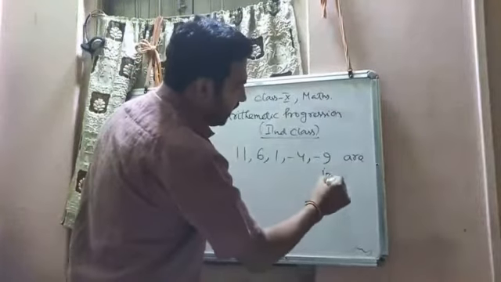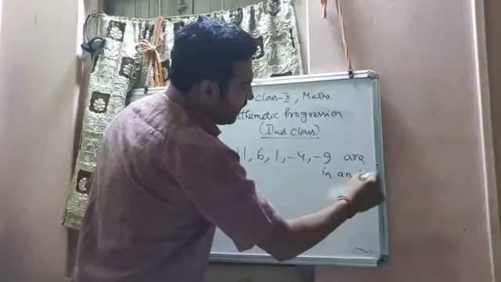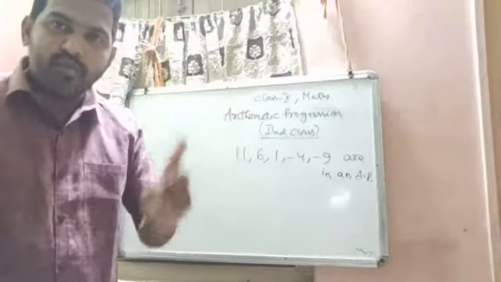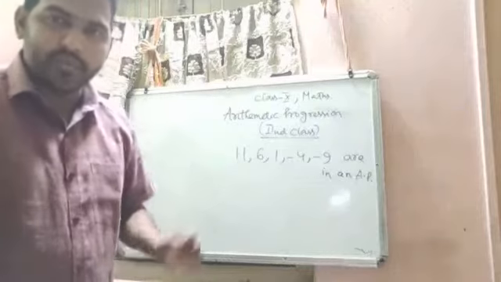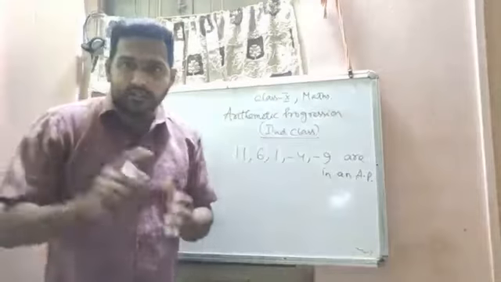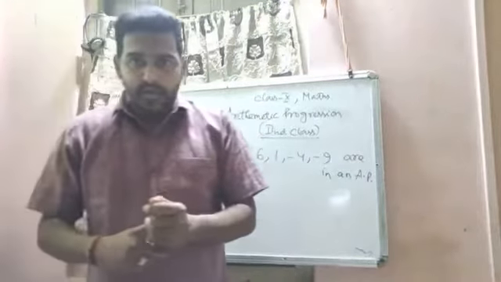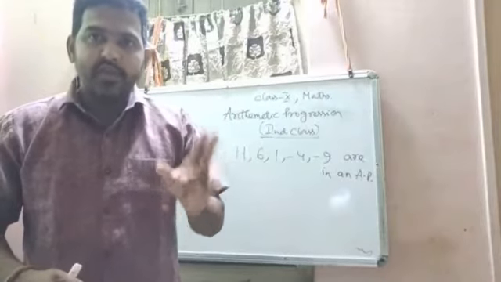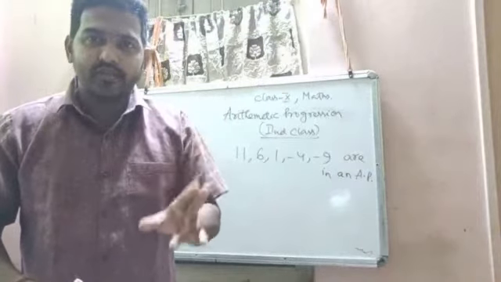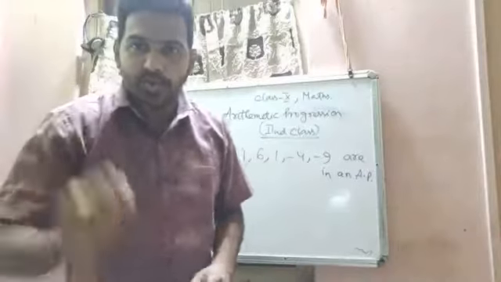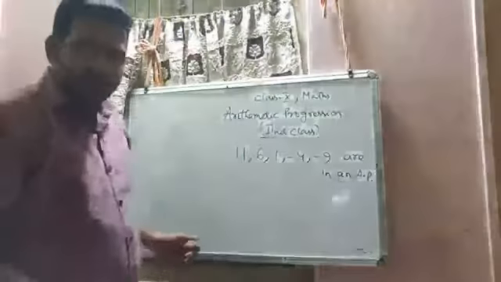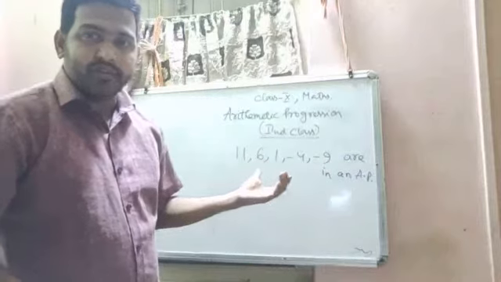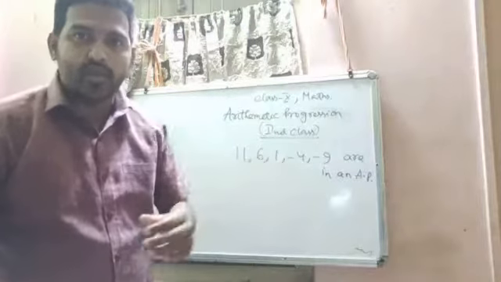We have to show whether the terms given here form an AP or not. In the first class we have discussed, in order to form an AP, the difference between any two successive numbers should be the same. That is known as common difference. So let's find it out.